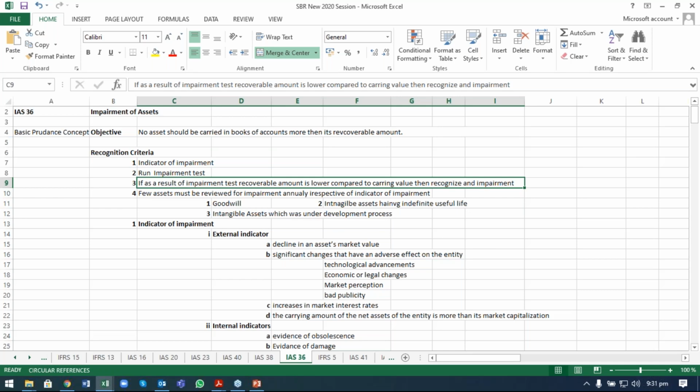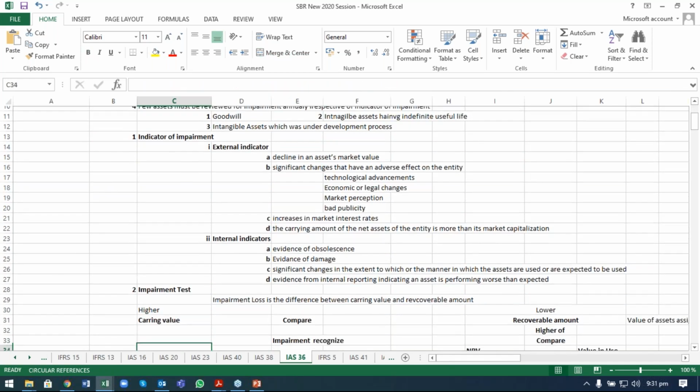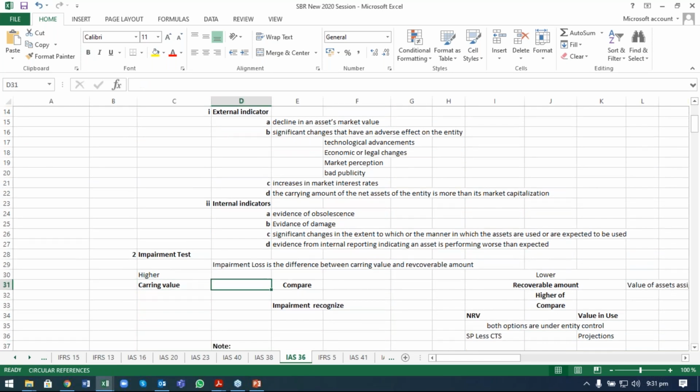So if you are confused about it, I was saying something else; that concern was for another aspect, which I'm going to discuss with you. Now I'm going to test for impairment. I have to compare the carrying value of an asset and recoverable amount, and if recoverable amount is lower compared to the carrying value, which is higher, then there must be an impairment recognized. But we need to find out what the recoverable amount of an asset is.